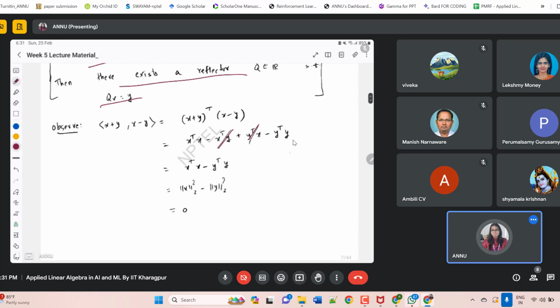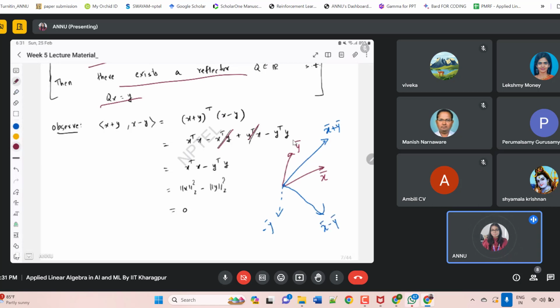So what does this mean? Suppose you have x vector and y vector, then what is the sum of these vectors? According to triangle law, this will be the sum, x vector plus y vector. And if you find x minus y vector, according to the triangle law, this will be x vector minus y vector.